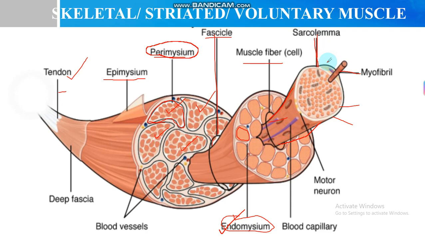The sarcolemma contains small thread-like structures which are called the myofibrils. And myofibrils are composed of actin and myosin filaments.